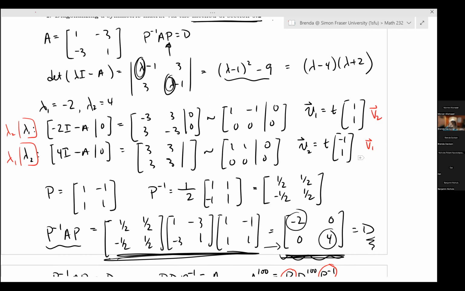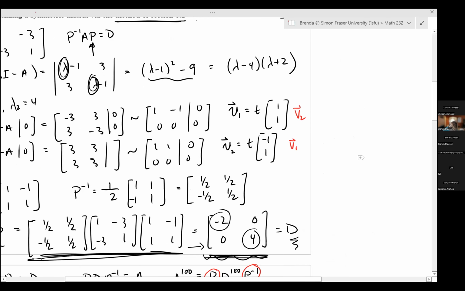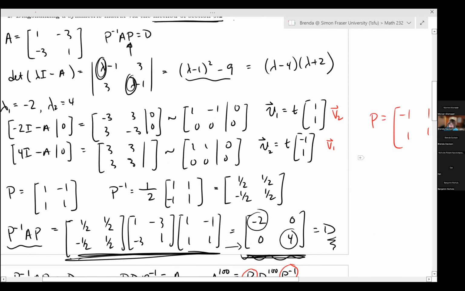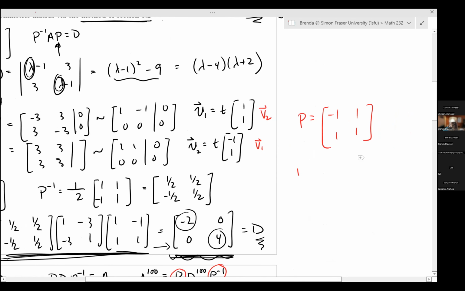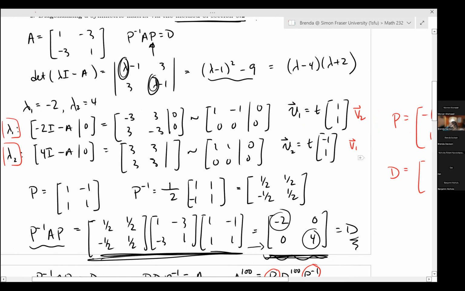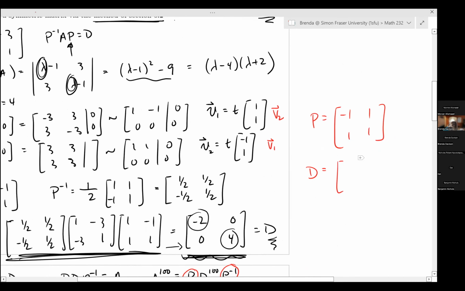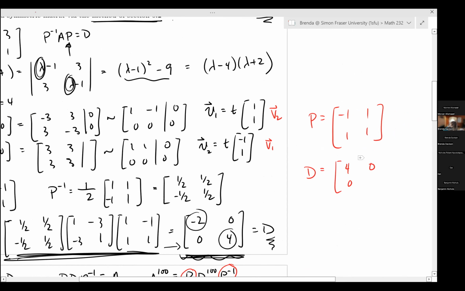What would happen is P would look like this, V1, minus 1, 1, and 1, 1. That is not the same P as I had before. The columns would be in a different order. That's fine. So that would be P, and then D would be lambda 1, which was 4.